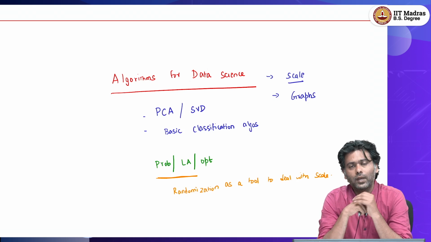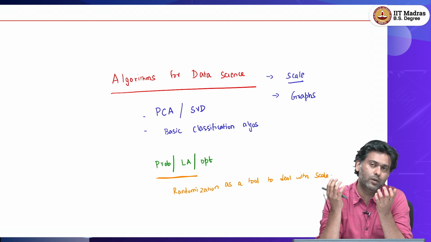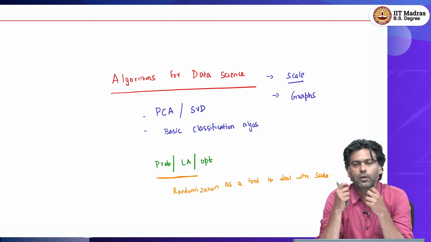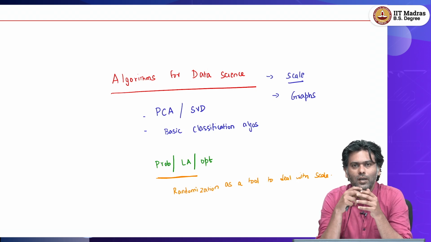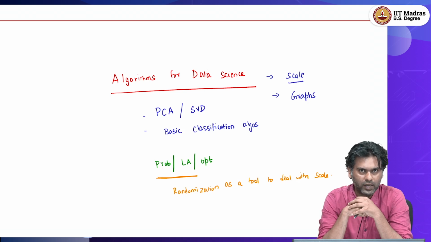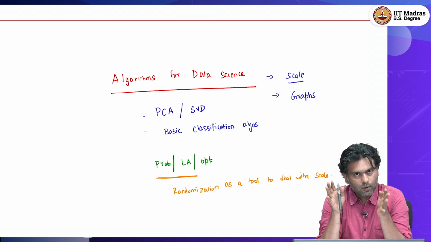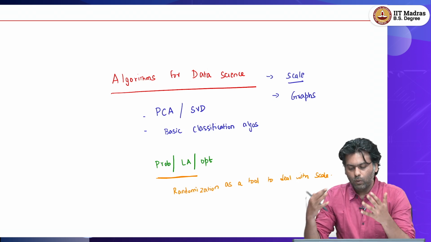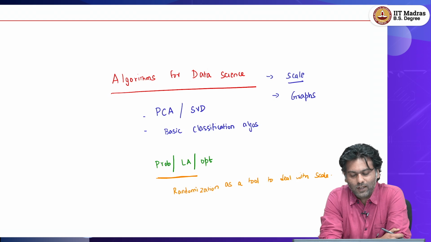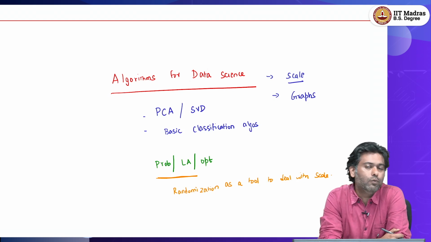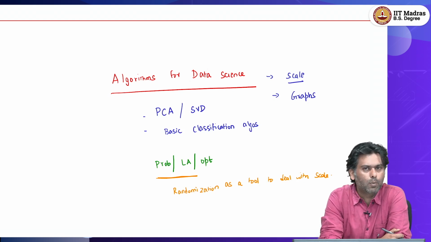In hindsight it will look simple, but it's a very profound result, and it can magically help us beat the problem of scale, right? So that's where we will start. So in that context, let us begin our journey on algorithms for data science by reviewing some aspects of probability.